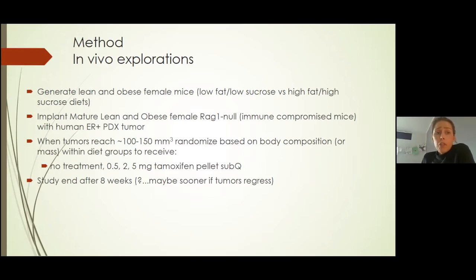When the tumors reach approximately 100 cubic millimeters, we would want to randomize based on body composition within diet groups, and these groups should receive either no treatment, 0.5, 2, or 5 milligrams of tamoxifen. And the study should end after 8 weeks.